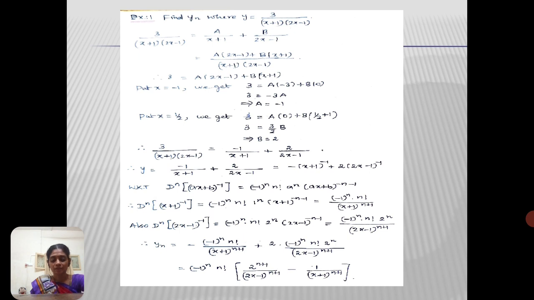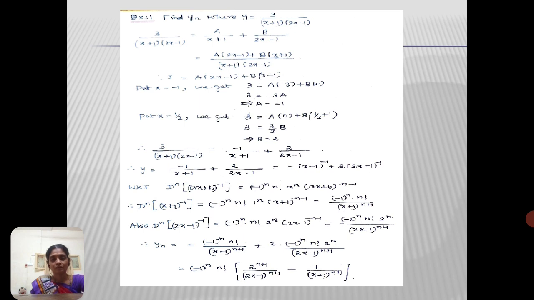So that will be minus 1 power n factorial into 1 power n into x plus 1 power minus n minus 1. Similarly, nth derivative of 2x minus 1 power minus 1. This can be written as minus 1 power n factorial 2 power n into 2x minus 1 power minus n minus 1.